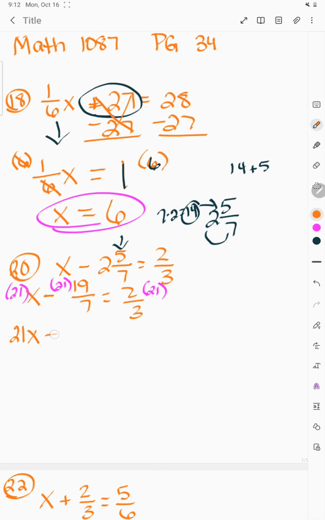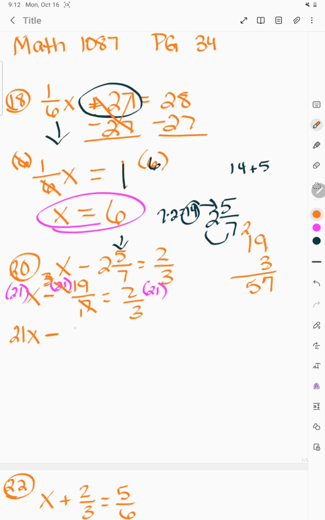Keep my minus sign. 7 goes into 21 how many times? 7 goes into 7 one time. 7 goes into 21 3 times. Now this is 3 times 19. So I'm going to have to come over here and do that because I don't know what that is. So 3 times 9 is 27. 3 times 1 is 3.